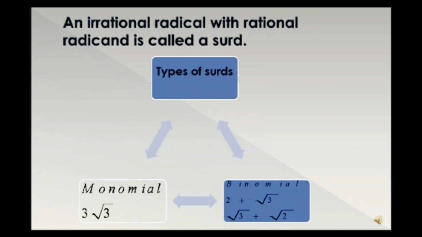First is 2 plus under root 3, the sum of a monomial and a rational number. Second contains the sum of 2 monomial surds, as under root 3 plus under root 2. So this is binomial and it has 2 cases. I hope it is clear to you.